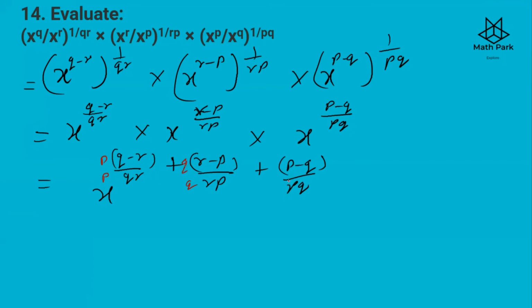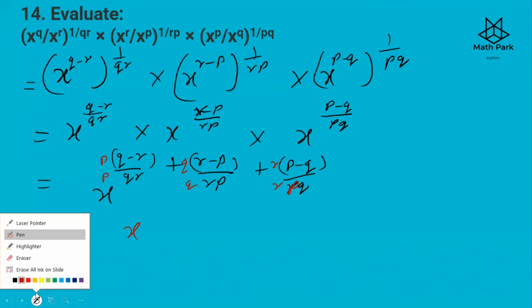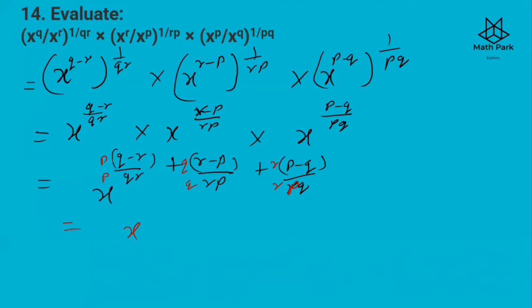Here you'll have to multiply by p. And this is pq, here you'll have to multiply by r. Okay, so this is how you get x raised to, I think this color is not visible. You get x raised to pq. So the denominator is pqr now.